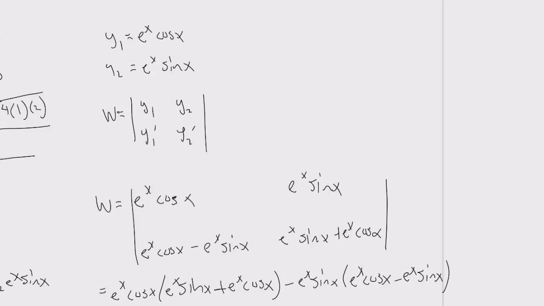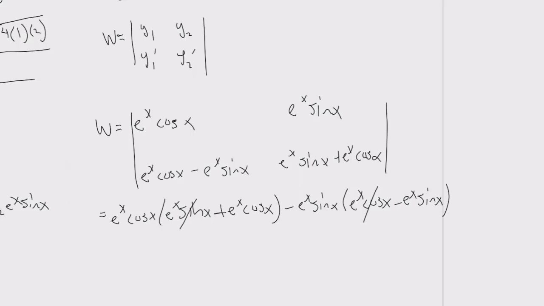So I can see a few things are going to cancel out here. So that piece and that piece are going to cancel out, and I'm going to have e to the 2x cosine squared.